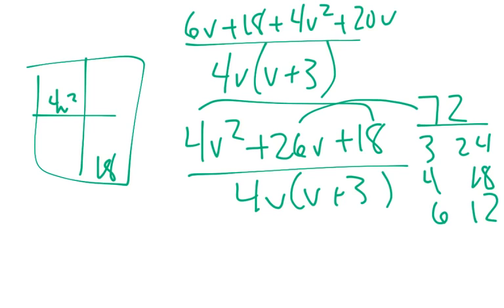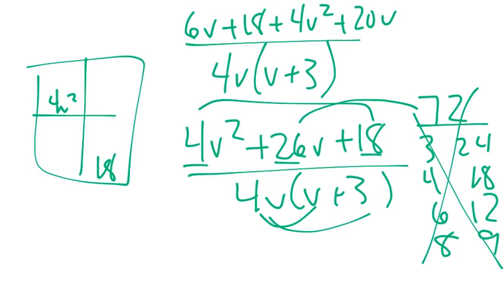But none of these are adding up to 26, are they? 7 didn't work. 8 and 9. Yep, doesn't work. So we leave it that way, or yeah, we can't even pull out a 4 or anything.